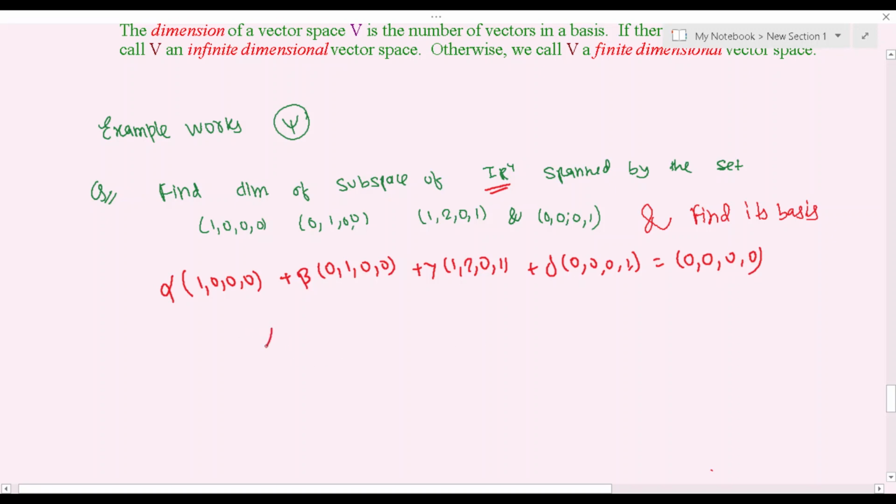So what happens here is alpha plus gamma is 0, beta plus 2 gamma is 0, and gamma plus delta is 0. Suppose gamma is equal to some phi, then we can represent alpha as minus phi, beta is minus 2 phi, gamma itself is phi, and delta again is minus phi.